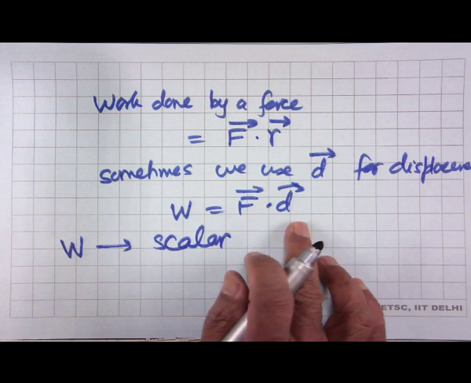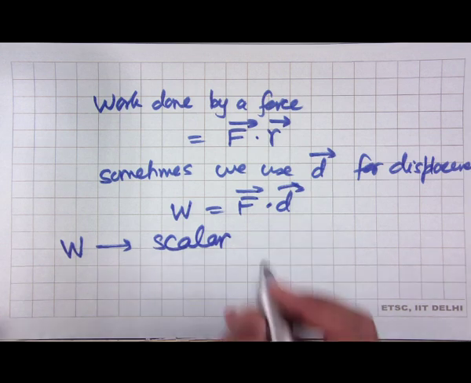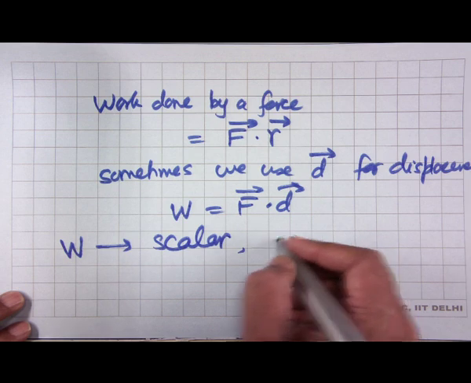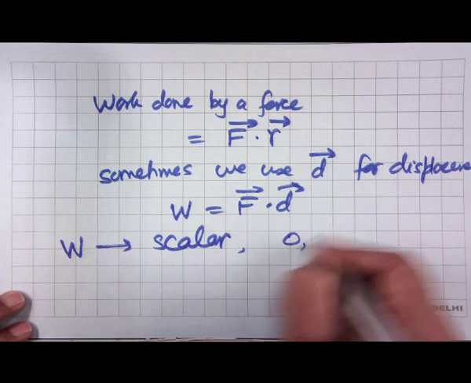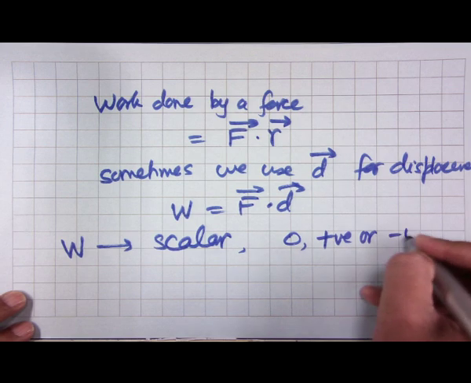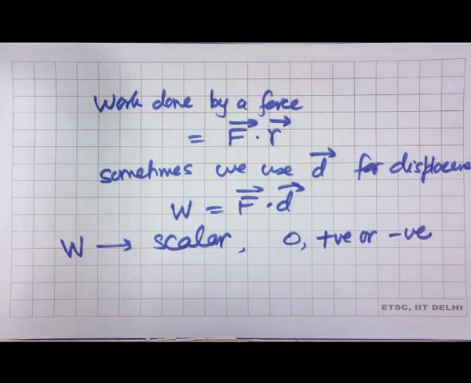F and D are vectors, but work done is a scalar which can be either 0, positive or negative, depending on the angle between F and D.